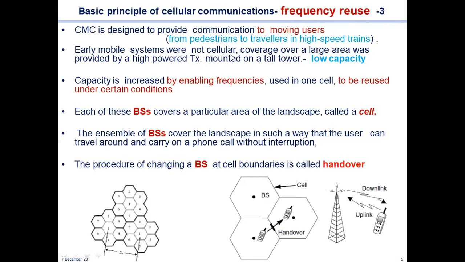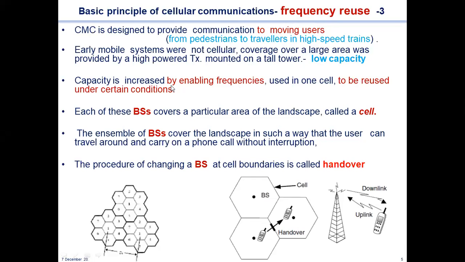Coverage over large areas was provided by a high power transmitter mounted on a tall tower. There is low capacity. In the very beginning slide, I mentioned that cellular communication provides large capacity. If I place a big tower here covering a large area, it results in low capacity. I have one more slide I will tell.